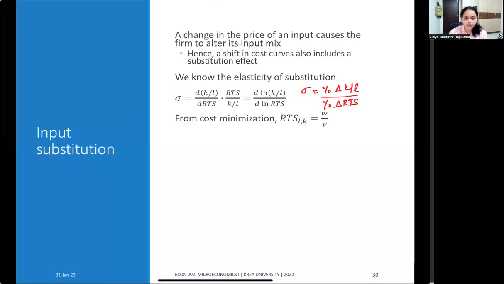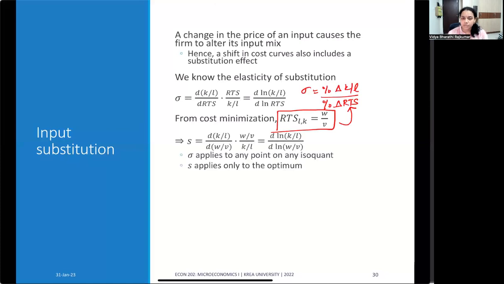Now, recall that when we are minimizing costs, at that point of tangency between the budget line and the isoquant, their slopes are equal. So the rate of technical substitution actually equals W by V at the point of optimality. If we were to do this substitution into our expression for sigma, our elasticity of substitution takes on a different flavor.